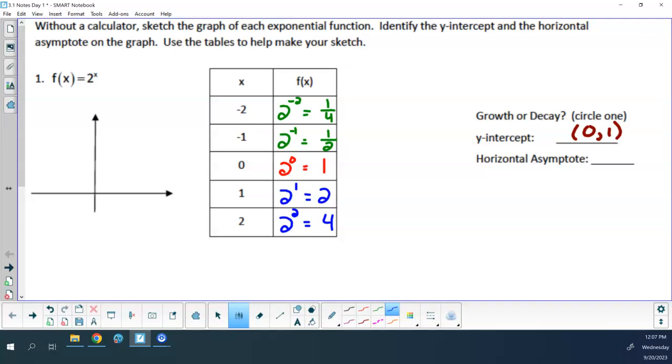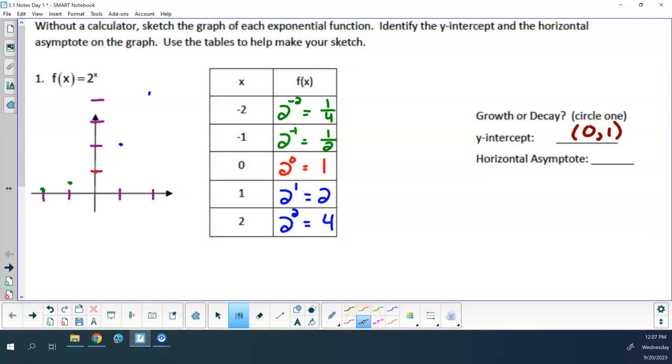Then we go to the graph to graph these. (-2, 1/4) is down there. (-1, 1/2) is right there. (0, 1) is right there. (1, 2) is right there. (2, 4) is right there.